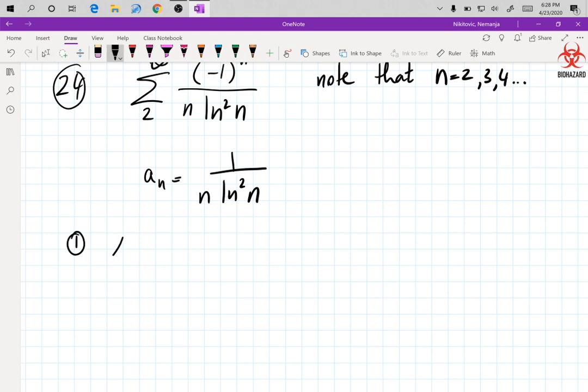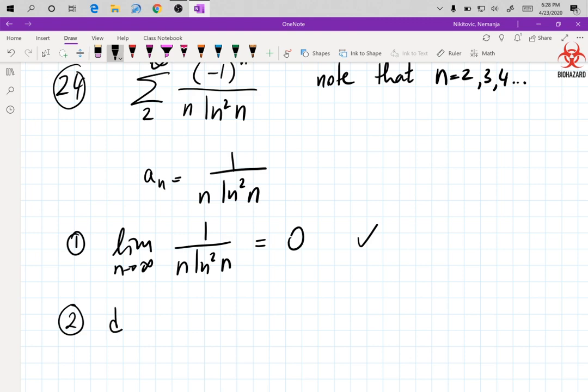Condition number 1, limit as n goes to infinity of 1 over n ln squared n. Well, that's a big fat zero, because what you have is 1 over infinity technically, and that's 0. So we have that condition check, and now condition 2 is if it's decreasing.